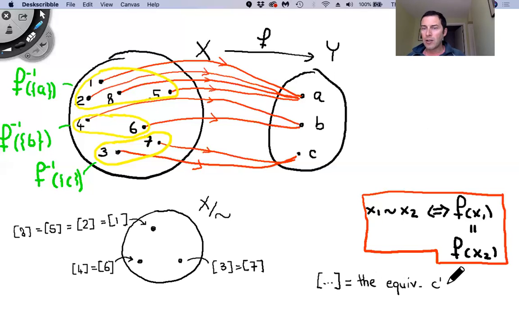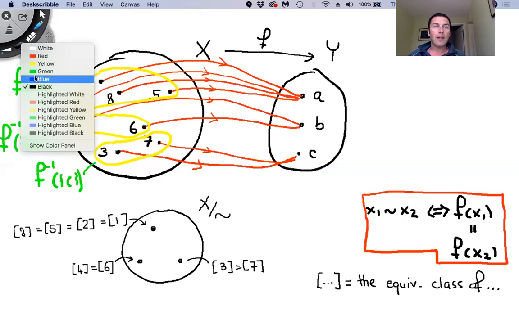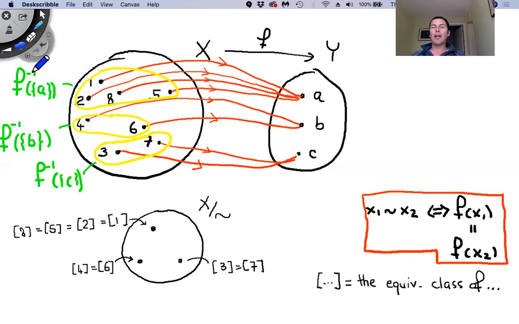Because now it doesn't shock you that it's possible that square bracket 1 is equal to square bracket 2, because that's saying that the equivalence class of 1 is equal to the equivalence class of 2, but that's exactly the same statement as saying that 1 is equivalent to 2. Okay. Hopefully that helped. Right? Yeah, that makes sense. Okay, great.